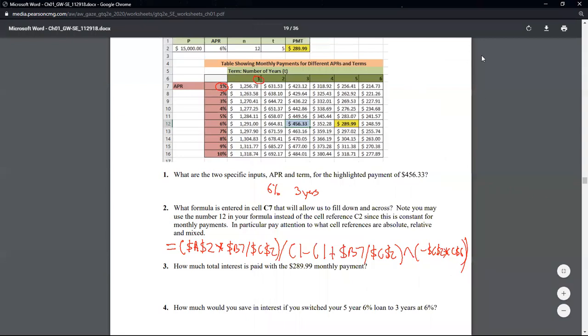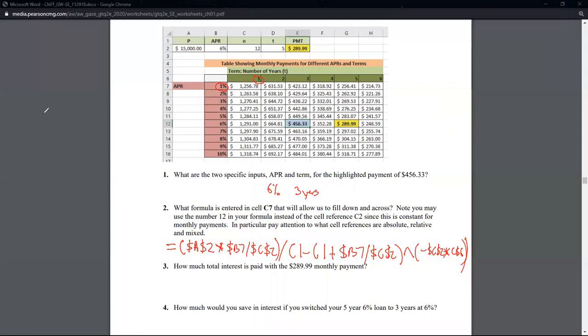All right, so back to annotate. So we first need to find the number of payments. Then we can find the total paid. Then we can find the total interest. That's the 1, 2, 3 winning combination.